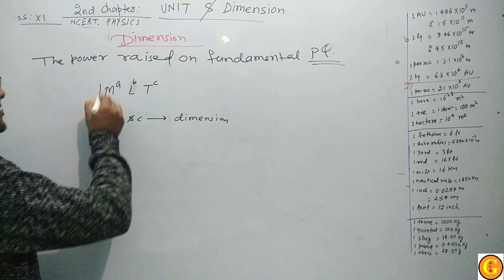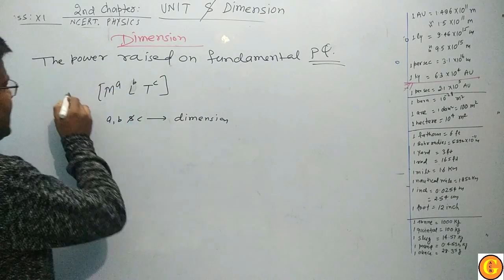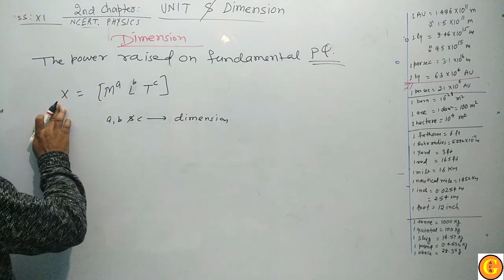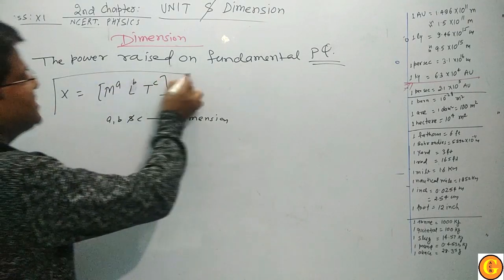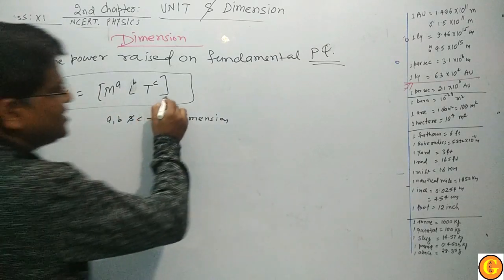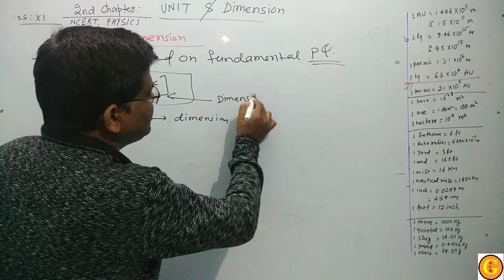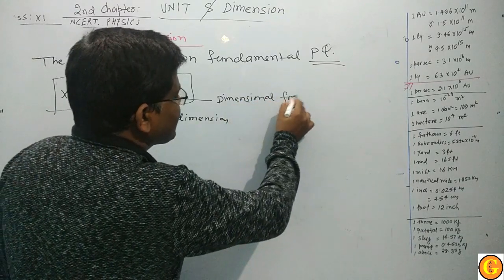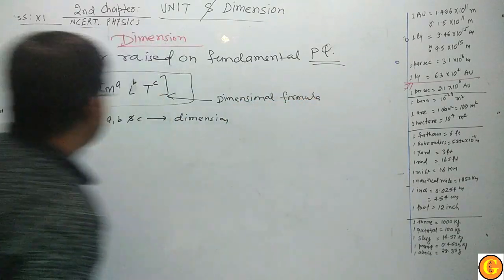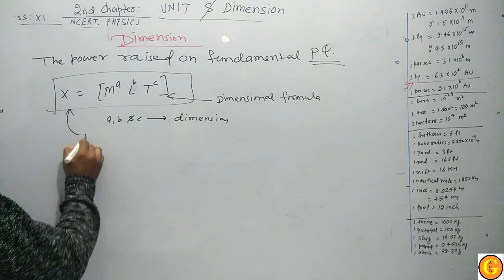And this is called the dimensional formula. And if it equals some physical quantity x, then this becomes the dimensional equation.